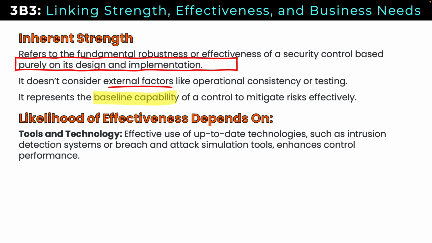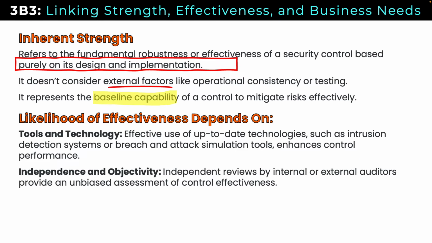And tools and technology. So effective use of up-to-date technologies like intrusion detection or breach and attack simulation tools can enhance control performance. And independence and objectivity are always important. So independent reviews by internal or external auditors provide an unbiased assessment of control effectiveness.